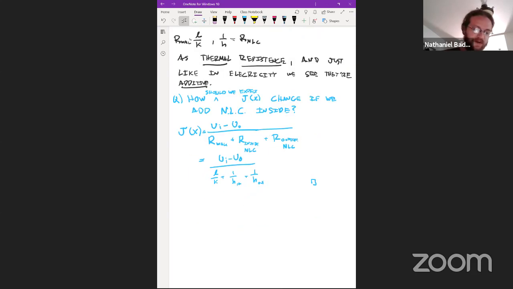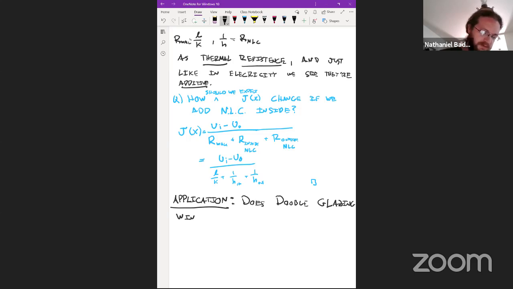Okay, so let's look at a final application here. Does double glazing windows work?